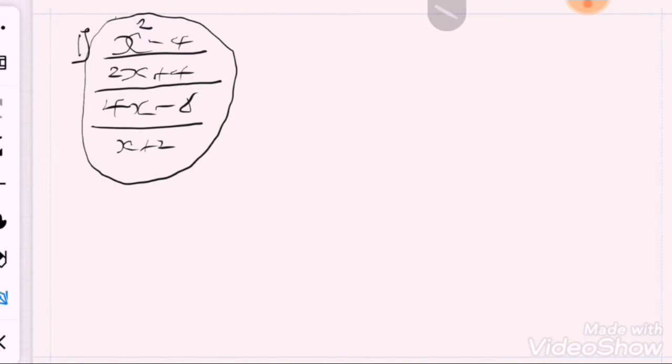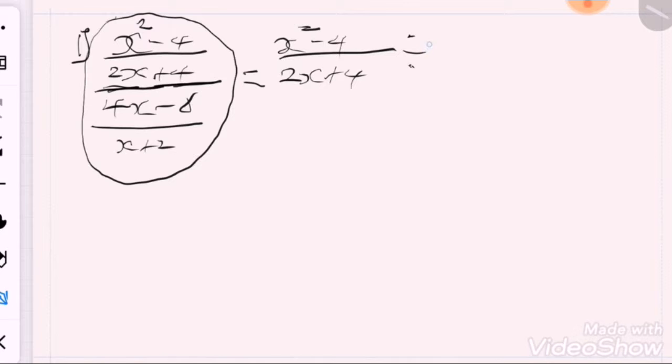So we start now. Let us rewrite this. This is equal to the difference of squares here, that is x squared minus 4 divided by 2x plus 4, then divided, this general division sign here, by 4x minus 8 all over x plus 2.